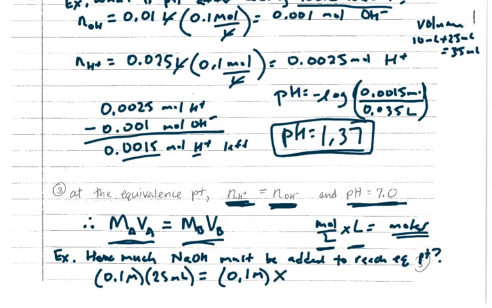In this case, it's easy since they have the same concentration, they will need the same volume. So x is also going to be equal to 25 milliliters. We will need to add 25 milliliters of sodium hydroxide to reach that equivalence point. All right, but if these concentrations are different, then those volumes will also be different.